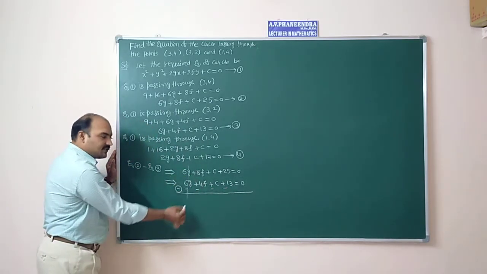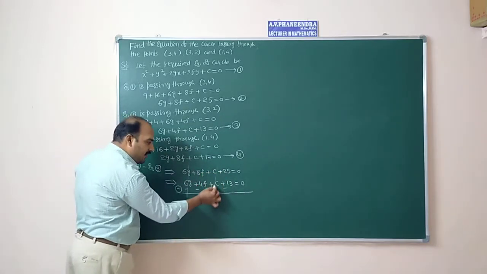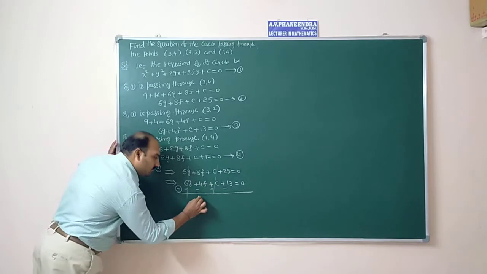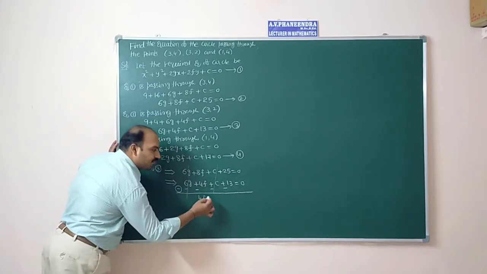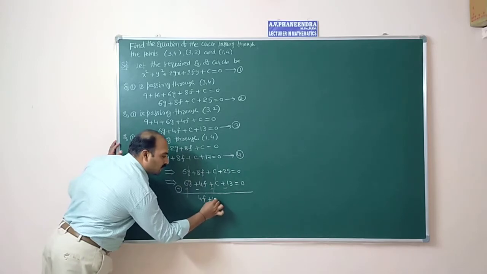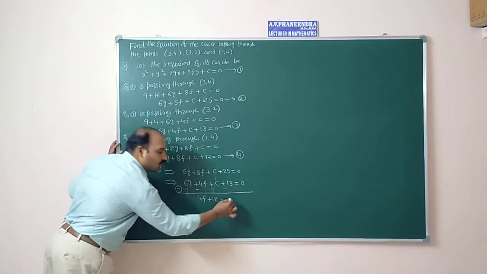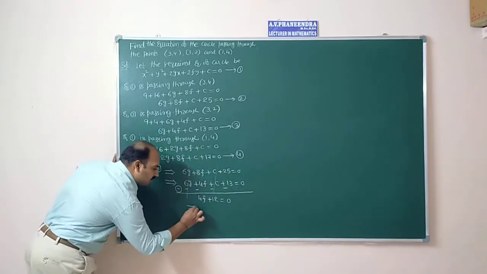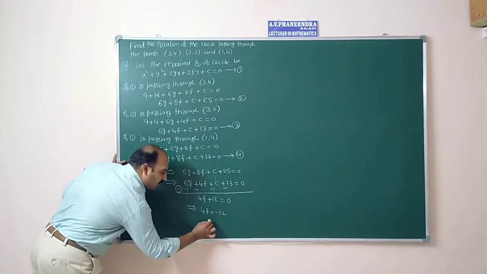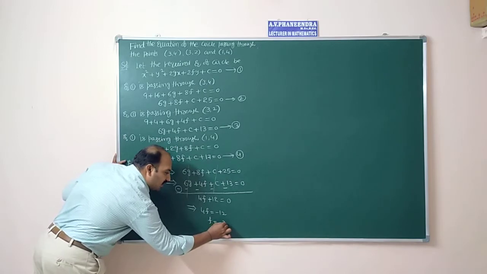Plus 6g minus 6g get cancelled. Plus c minus c get cancelled. 8f minus 4f is 4f. 25 minus 13 is 12. So 4f plus 12 equal to 0, that implies 4f is equal to minus 12. f is equal to minus 3.